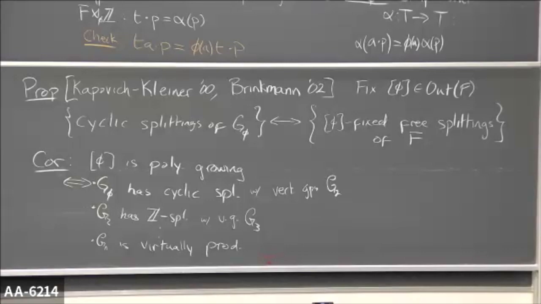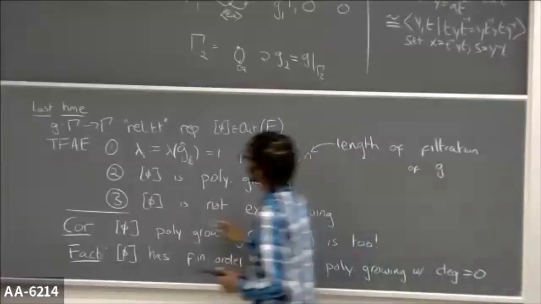I could get a barbell as my graph gamma 1, where gamma 2 is, this is X and this is Y, where gamma 2 is these two things and they're being swapped. So now I have a relative train track with a different fixed free splitting for the same group. Right, so just the decomposition.